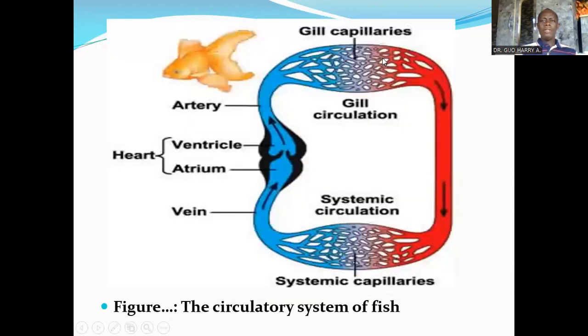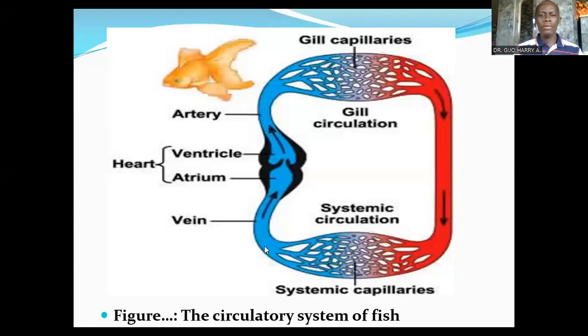Let us look at how the blood is being circulated in the fish. Here, the blood is being pumped by the ventricle.